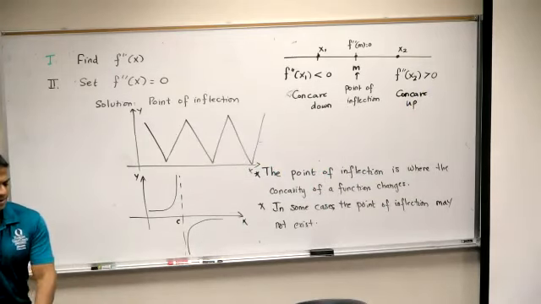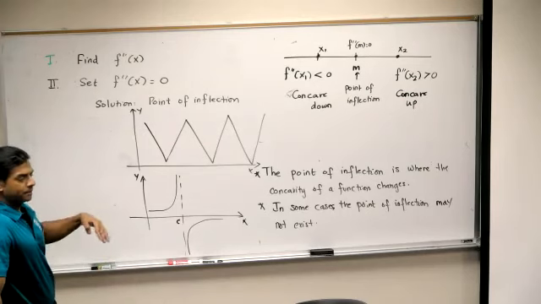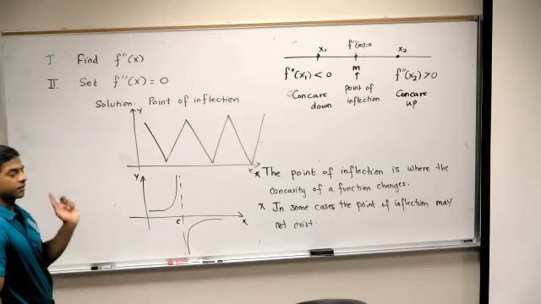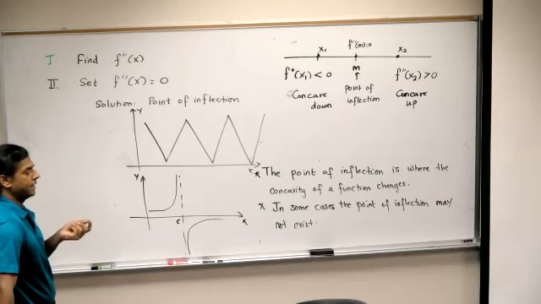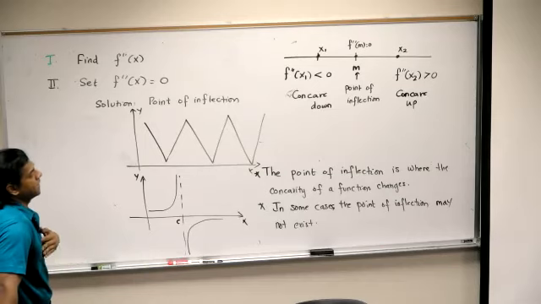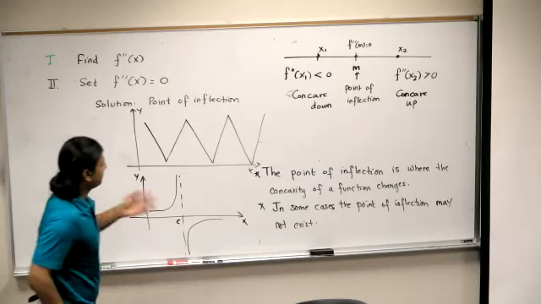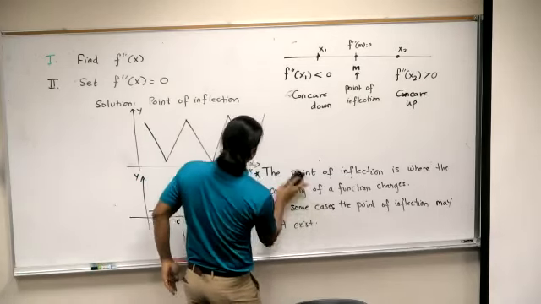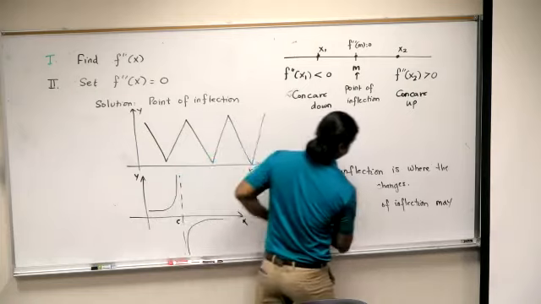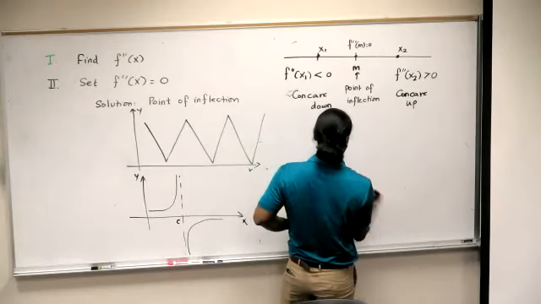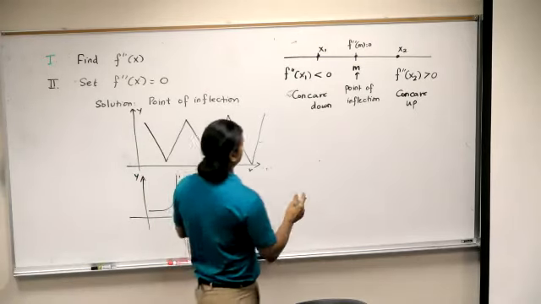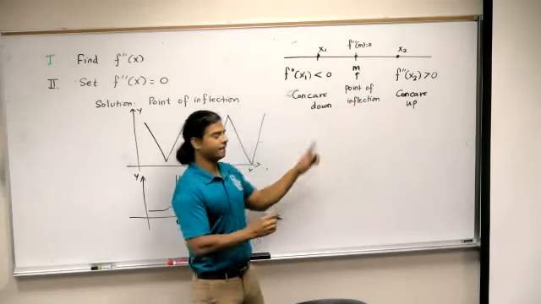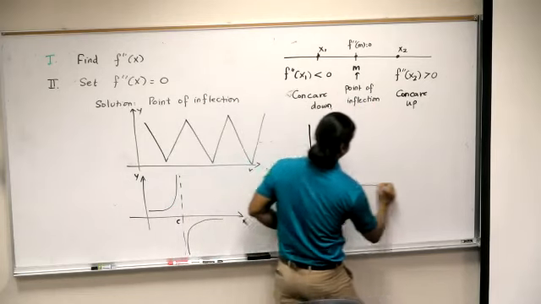So it can go from concave up to concave down to concave up. But could it be a possibility where it looks weird? What do I mean by that? Here is an example. Do we understand this part? How to test? Here is an example.